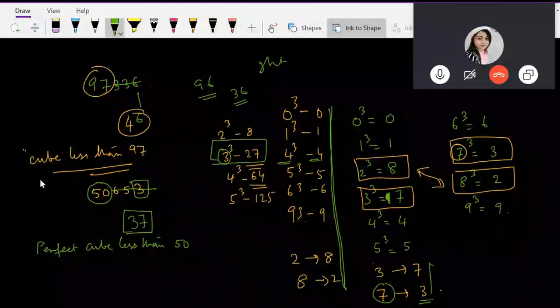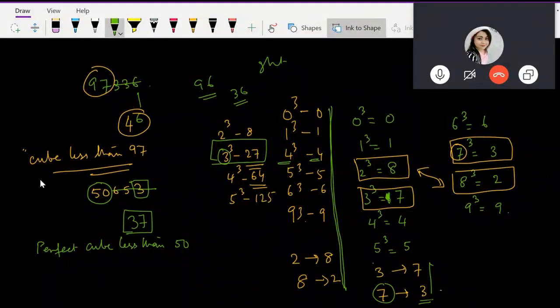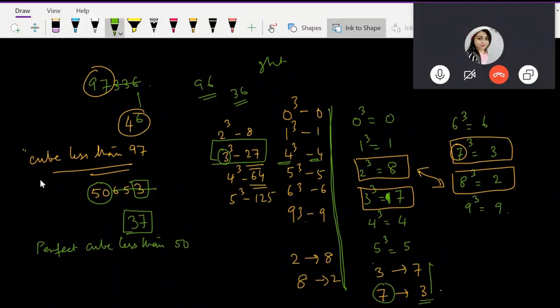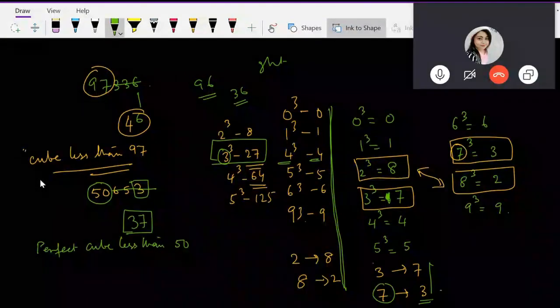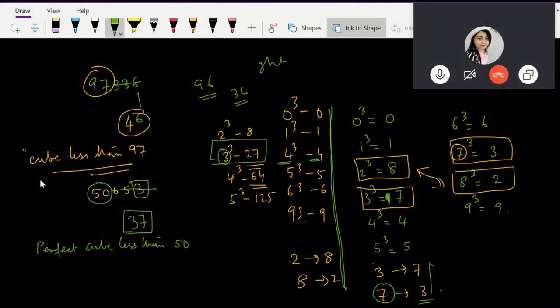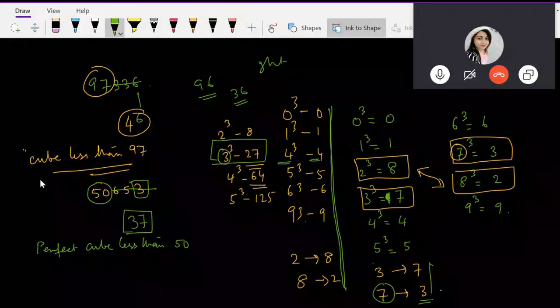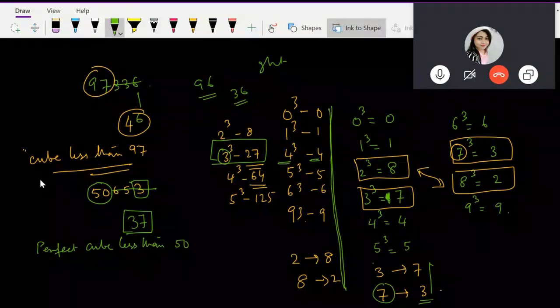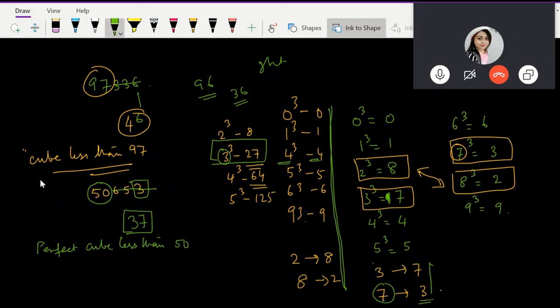The less you write and the more you follow these techniques, the more you speed up your calculation. That's the only objective. I'm not going to teach you anything that you don't know. Subtraction, multiplication, root, square root, everyone knows, but these techniques help you do things very quickly.